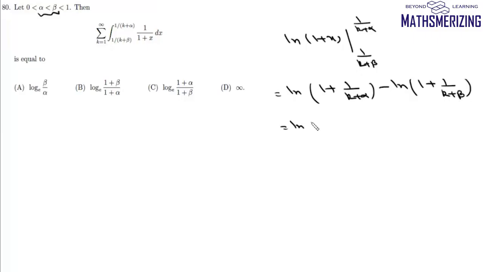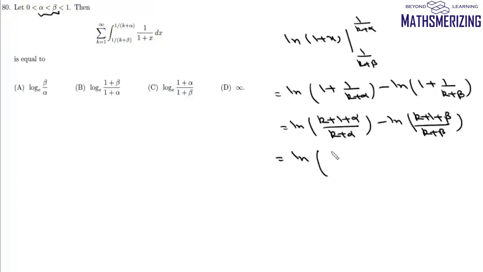So it will be simply log((k plus 1 plus alpha) upon (k plus alpha)) minus log((k plus 1 plus beta) upon (k plus beta)). We can write this as log of (k plus 1 plus alpha) upon (k plus alpha), and then into (k plus beta) upon (k plus 1 plus beta).